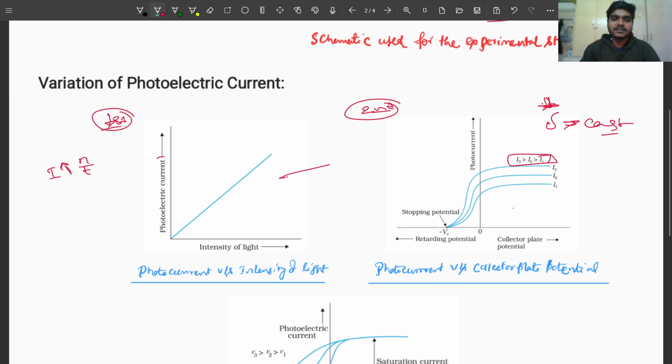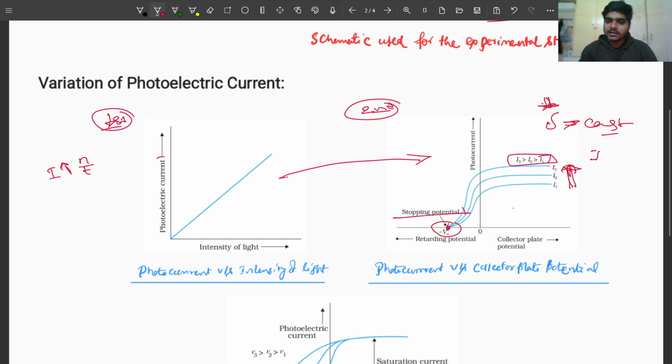As I previously told, if you have different intensity, then the photocurrent in this graph will also be different. So as I3 is greater than I2, which is greater than I1, their photocurrent will also be greater. Okay, and this is the stopping potential.